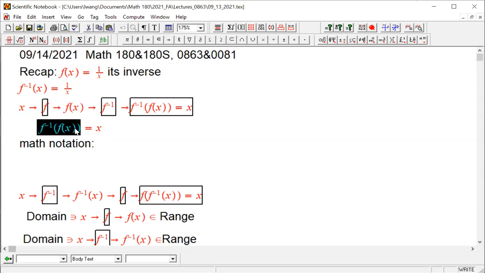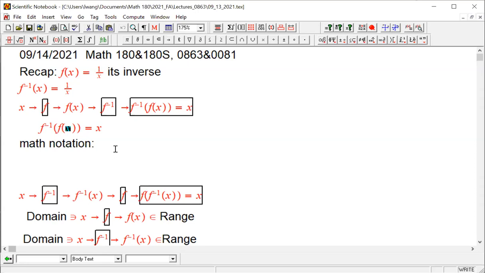So this is the output after the second rule is applied to that input, and the output will be exactly the same, if, of course, and there's a big if, this function is one-to-one and this x is in the domain of f.